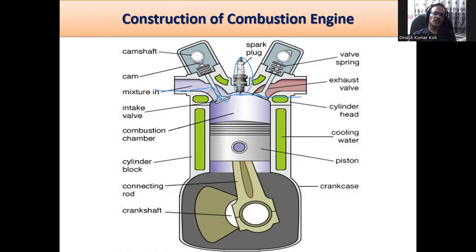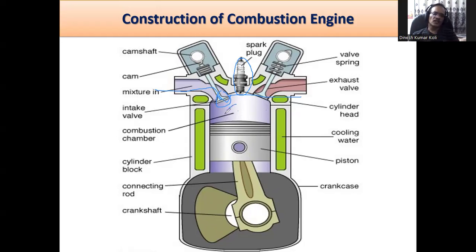So this is actually the intake valve or inlet valve. So when the inlet valve opens, the air fuel mixture enters. For the petrol engine, a petrol and air mixture is produced in a unit called the carburetor. So the carburetor is used only with the petrol engine, not with the diesel engine.